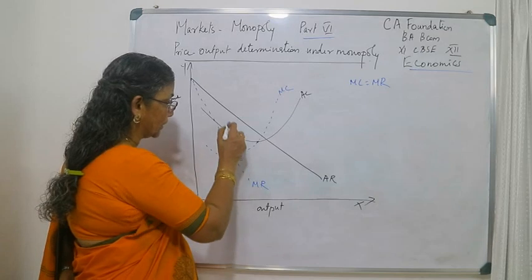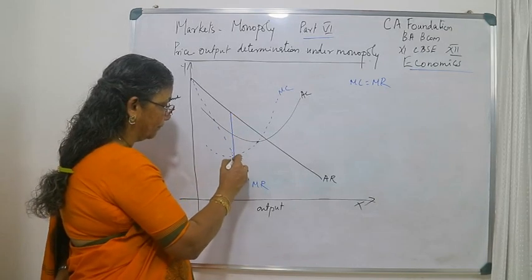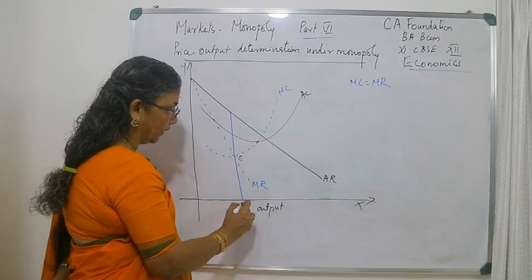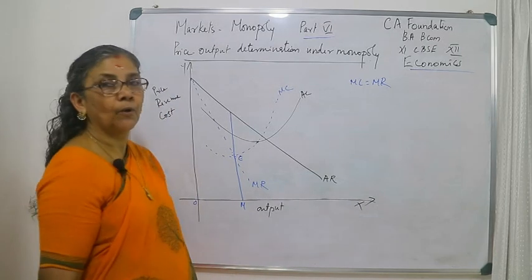Through this point we draw a vertical line. OM is the level of output.